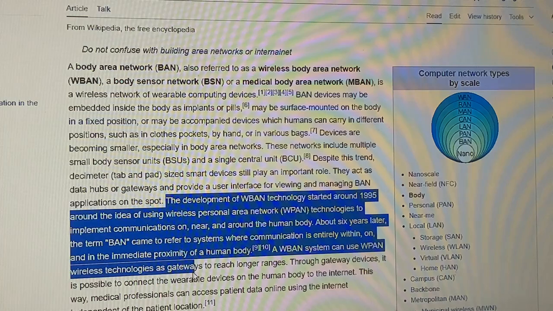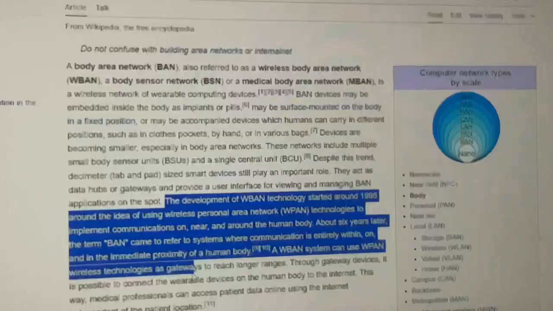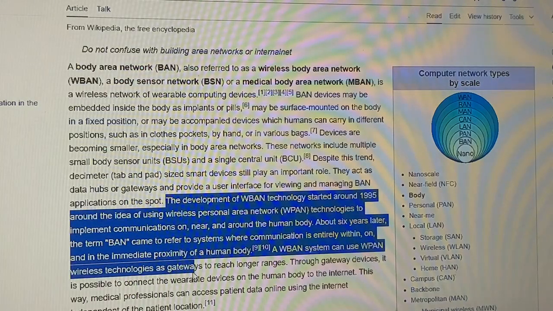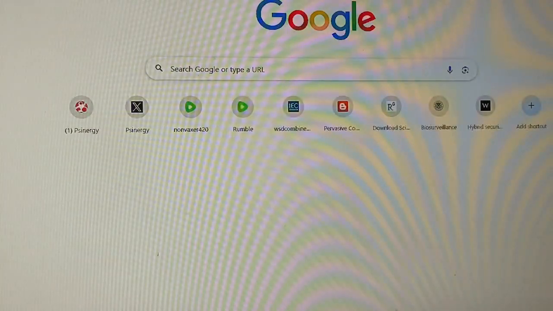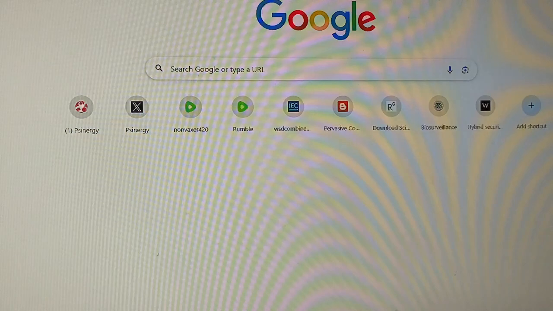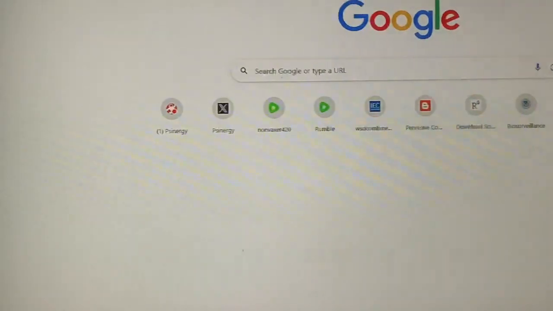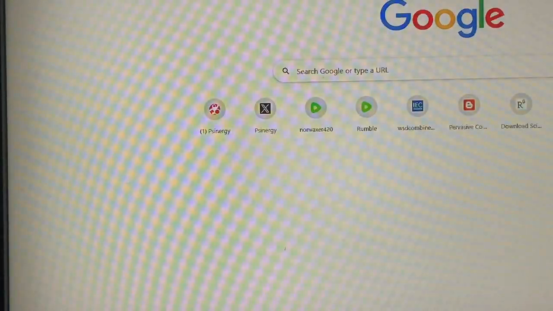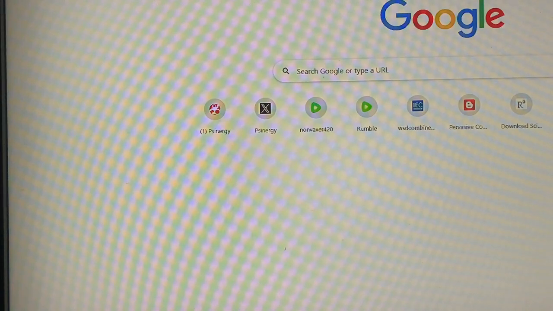About 6 years later, the term body area network came to refer to systems where communication is entirely within, on, and in the intermediate proximity of a human body. Let me show you another one about intra-body communication. What is intra-body communication? Because I want to know how old it is. I want to understand how it is in use.